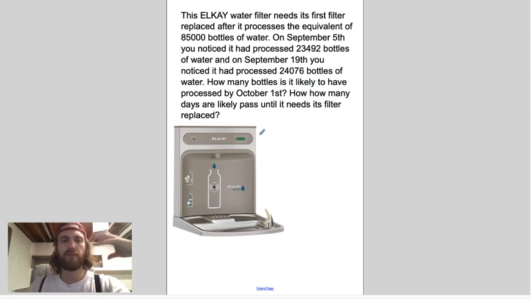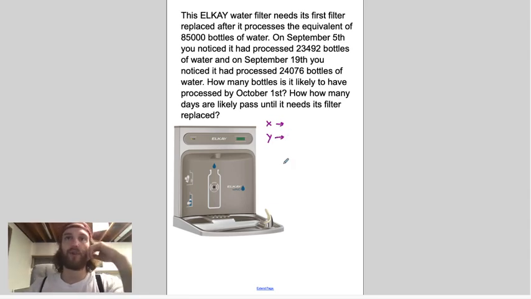So the two variables that we don't know that are in our linear equation that has two variables, we'll call these x and y. Well, normally it's x and y, but x and y don't really have a whole lot of meaning in the context of this problem, so I'm going to use new variable names. So I'll have a horizontal axis and a vertical axis. When you have a linear equation like this, typically the variable that you're measuring or monitoring usually goes on the vertical axis.